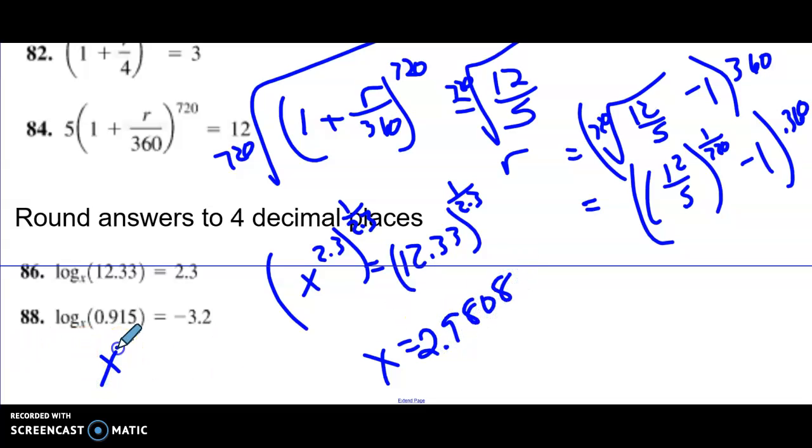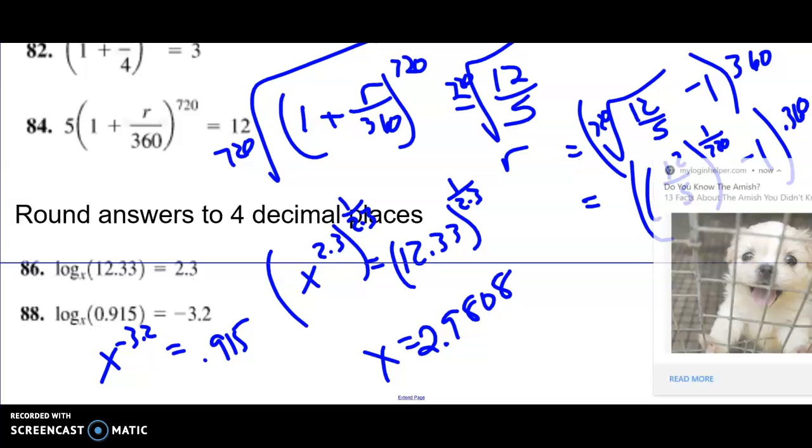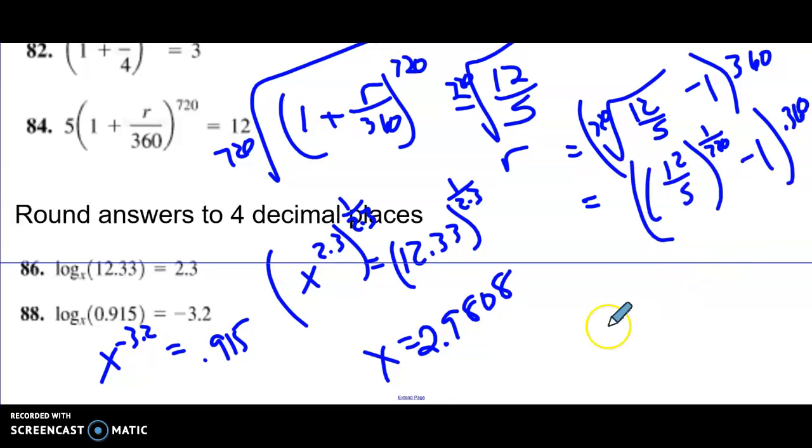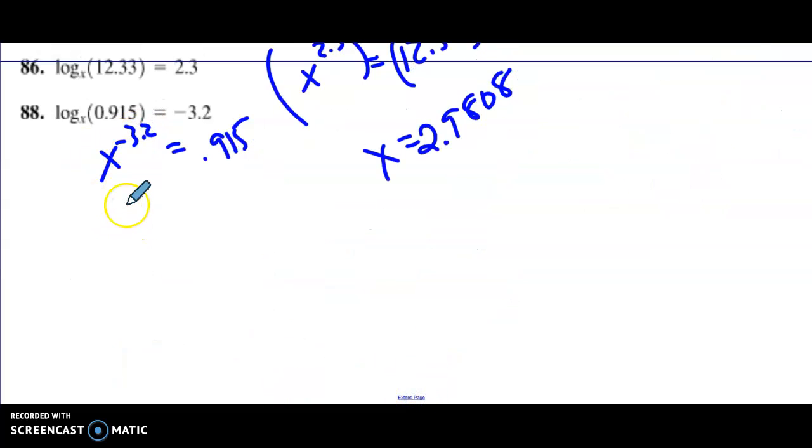Same thing here. X to the negative 3.2 equals 0.915. Let me extend this a little. X to the negative 3.2 means 1 over x to the positive 3.2.